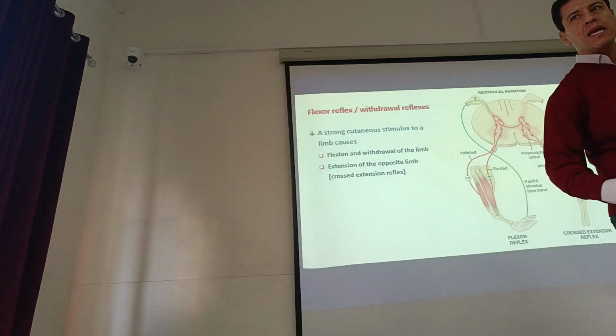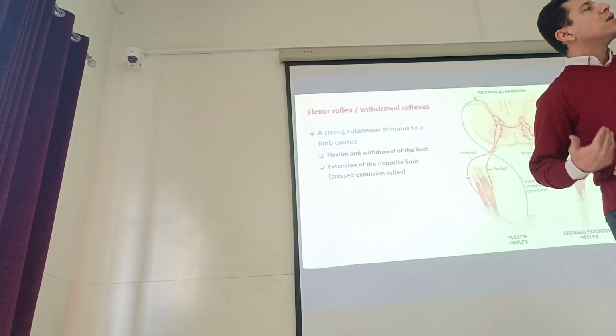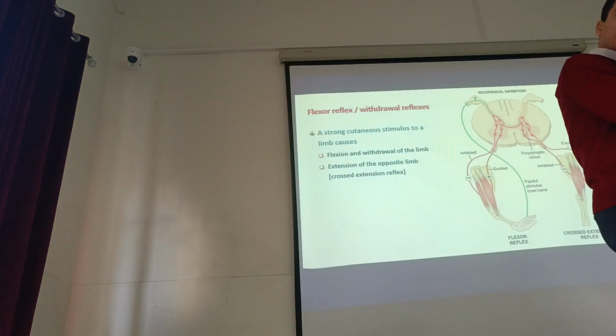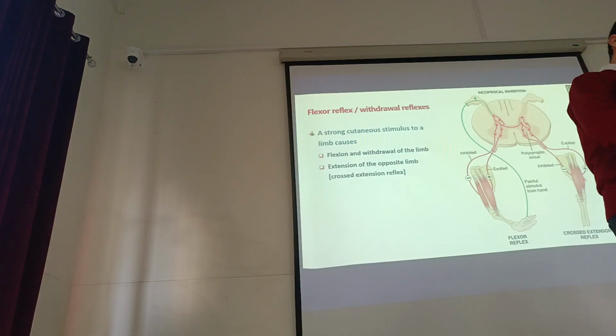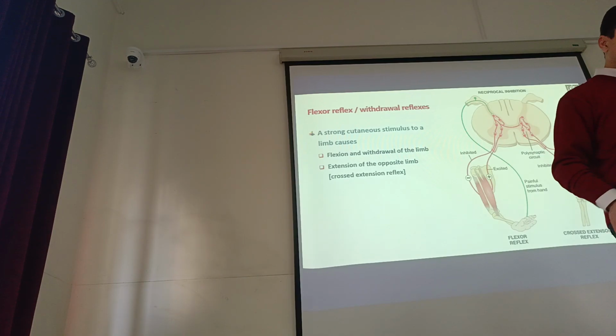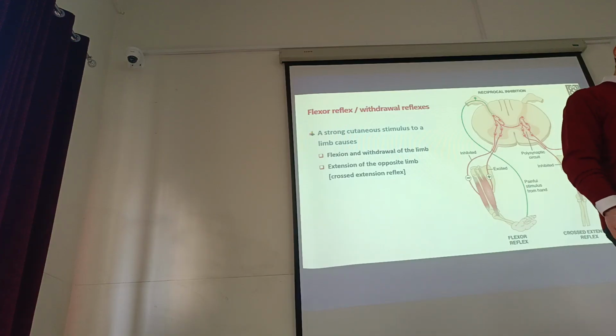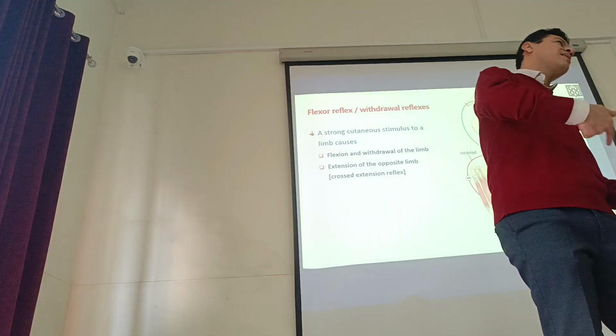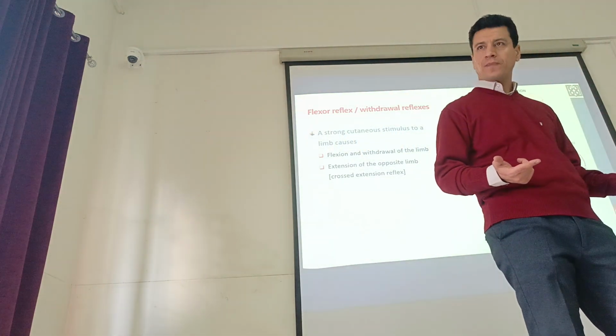At the same time that we have flexion, signals go to the opposite side and cause extension of the opposite leg. This extension helps us keep our weight, because we actually lifted our leg, so the weight should be kept, right? How is this kept? By extension of the opposite leg, right?